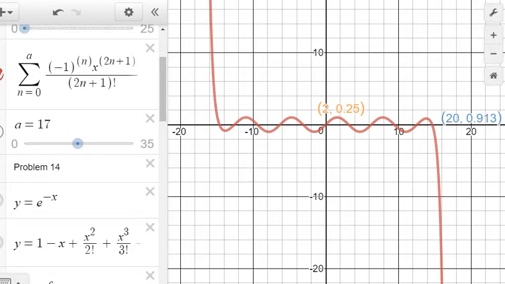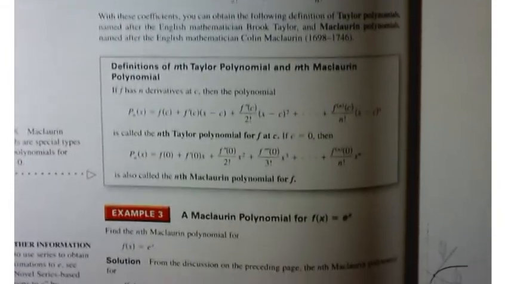All right, so how do you find these Taylor series polynomials or Maclaurin series? Well, by matching derivatives, we can get something that looks like this right here.